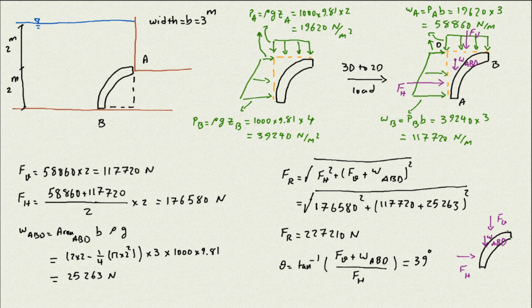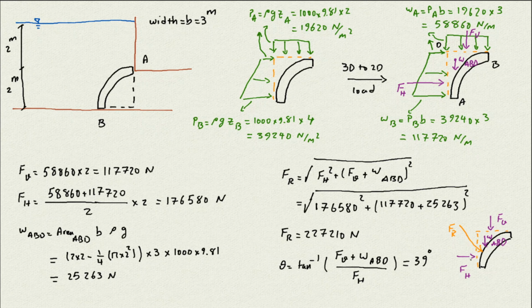If I draw those lines, I know that the FR is going to be somewhere there, so it's going to be the FR.